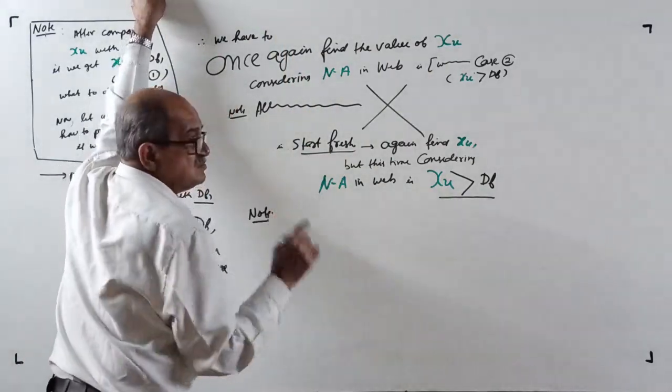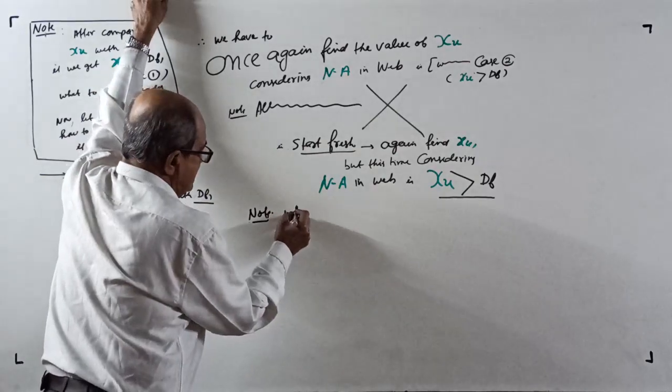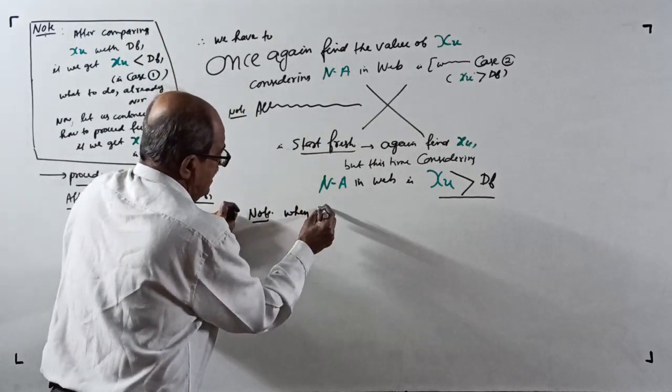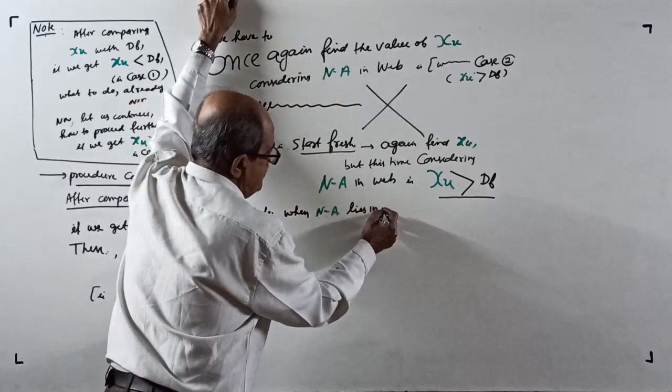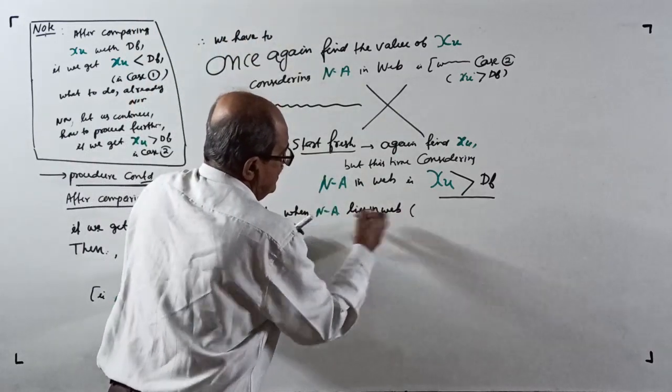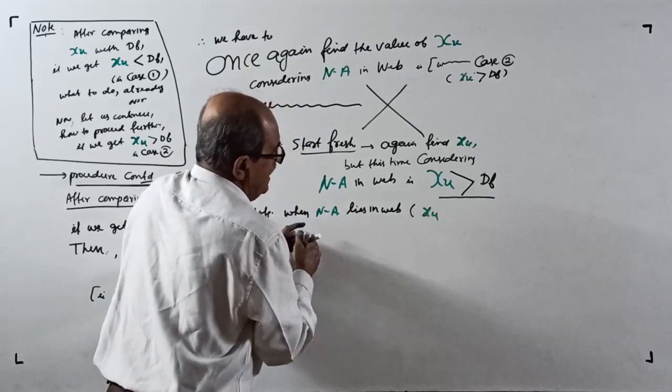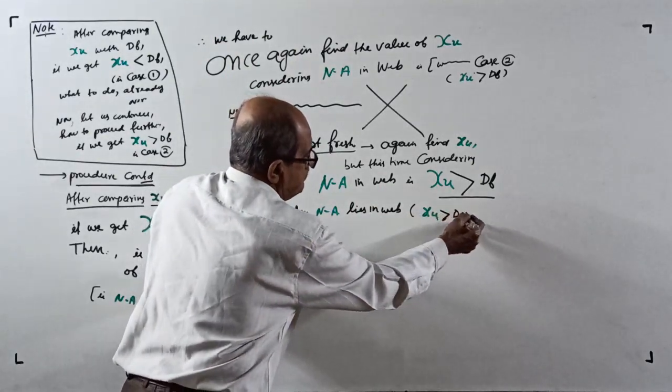One note, again note. When neutral axis lies in web, that is XU is more than DF. How many times I am writing, I don't know. DF.